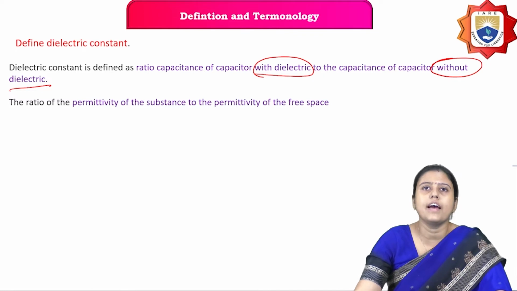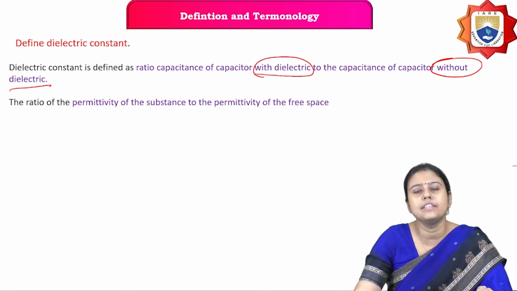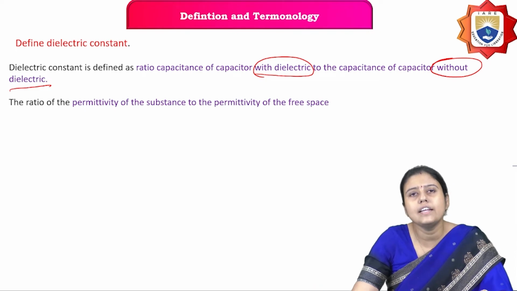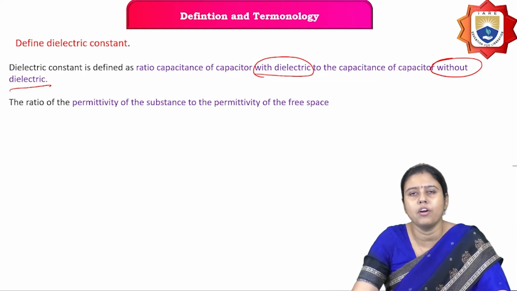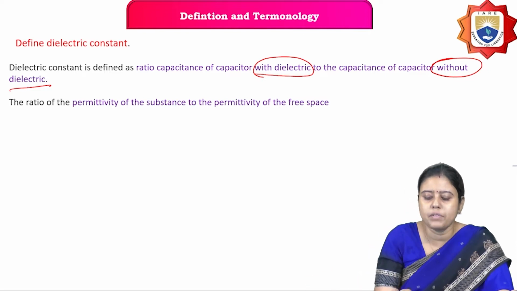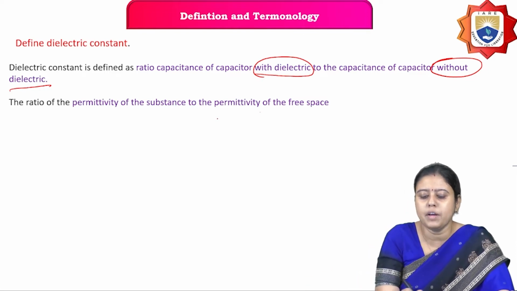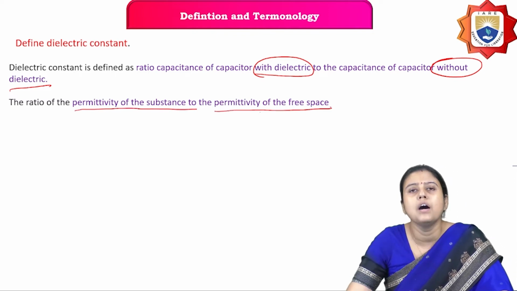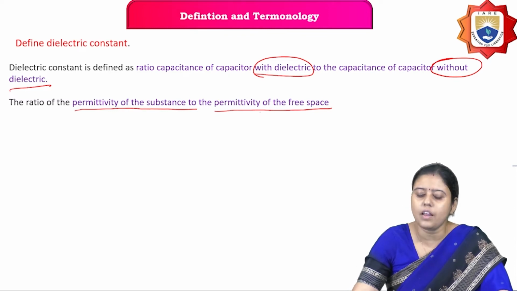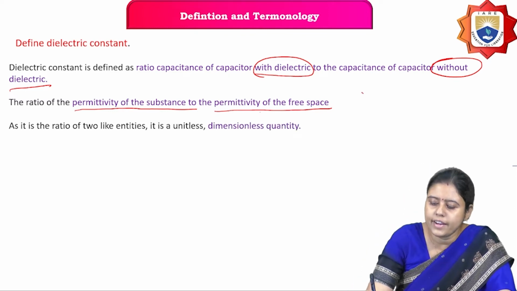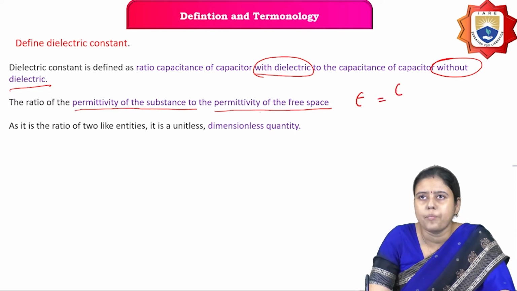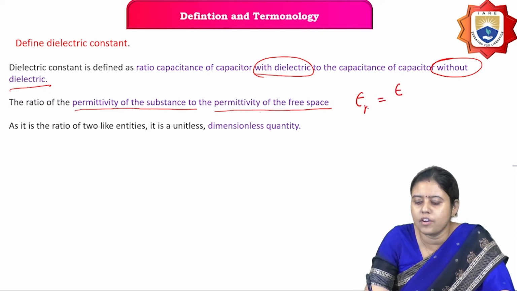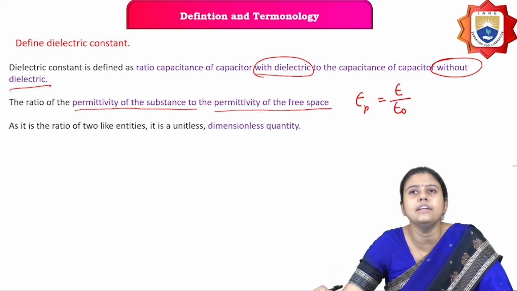Or we can define it as the relative permittivity. So dielectric constant is the same as the relative permittivity. What is relative permittivity? Already we know, it is the permittivity of the substance to the permittivity of the free space. So we can write epsilon R is equal to epsilon by epsilon 0.